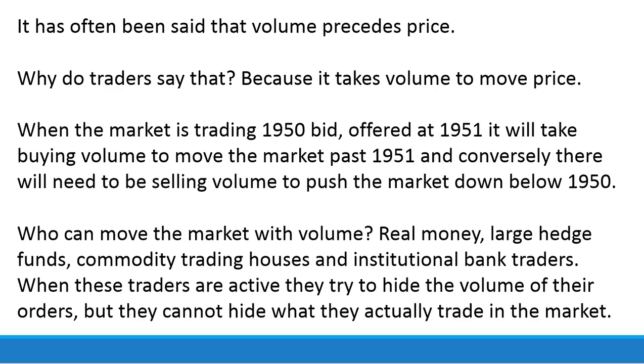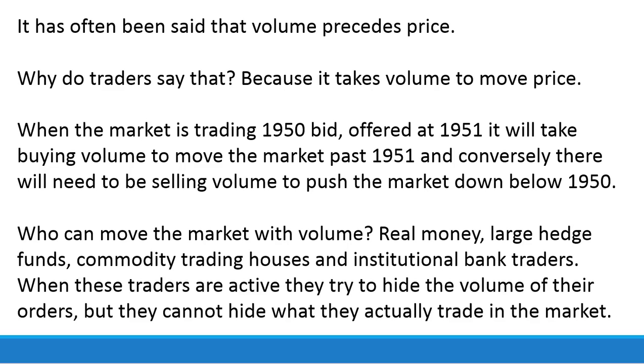So who can move the market with volume? And when I say move the market, I mean with conviction. Anybody can move the market at any given time, sometimes with smaller volume. But I mean the real moves that you want to pick up on. So, it's real money. What's real money?